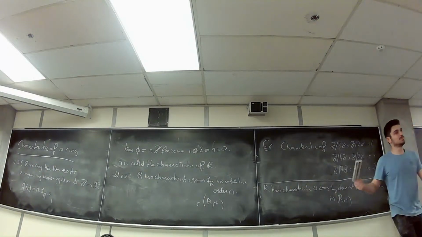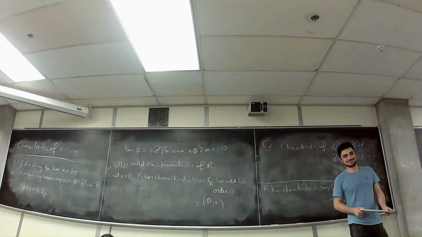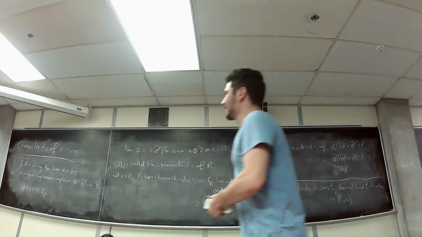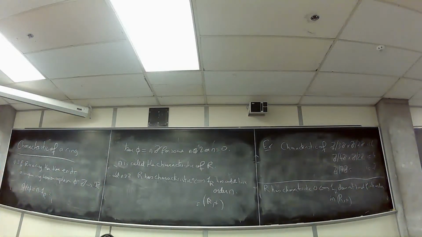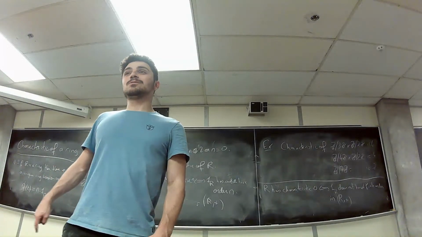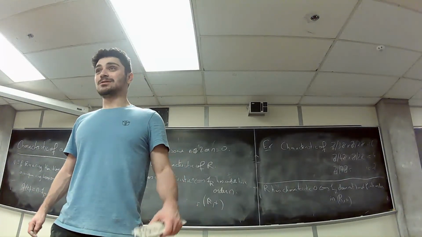I mean, these could be calculation questions, right? It's something that's very theoretical. 1 plus 1, yeah, it could be a number, for example. Let F be a field where 1 plus 1 is 0, for example.